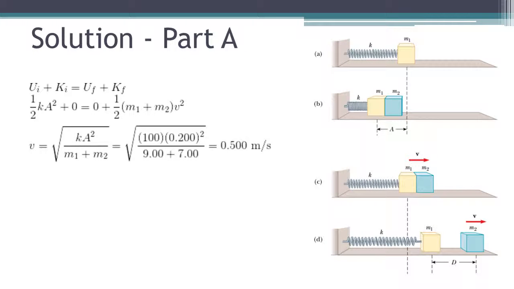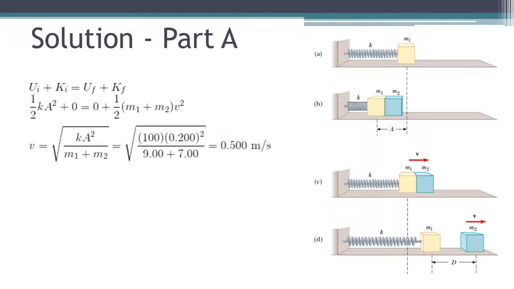We can solve part A, which asks us to find the velocity at the equilibrium point, by considering the total energy. Since there's no work done on the system by any external forces, U initial plus K initial equals U final plus K final, where U and K are the potential and kinetic energies, respectively.